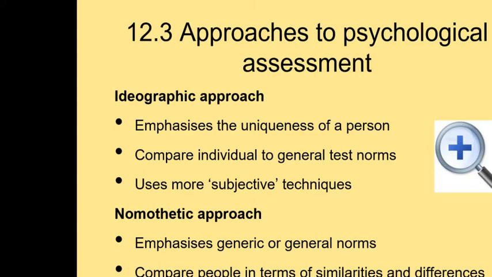We look at your intelligence or your personality or your interests or your abilities, and we measure them against the general population and see whether you are similar to the norm, somewhere in the middle, or if you are in the top half or the bottom half of the general population, etc. So it's all about psychological tests and statistics, whereas the idiographic approach is much more about the individual at the end of the day, and getting a deeper, richer understanding of the individual.